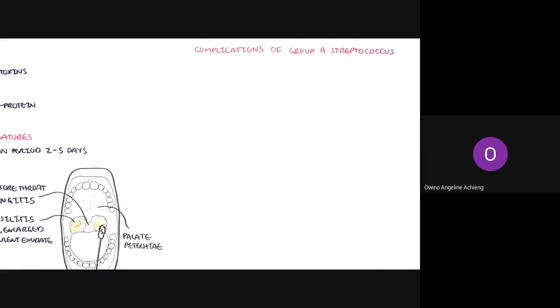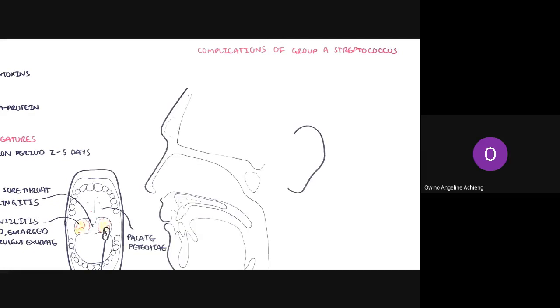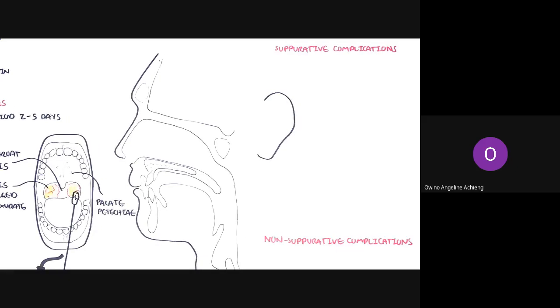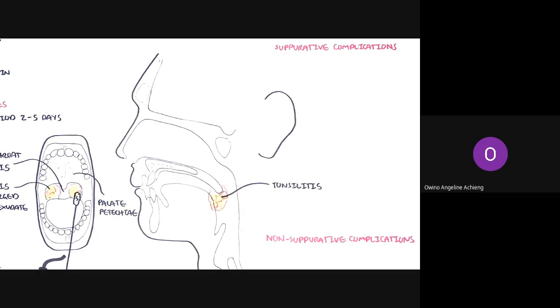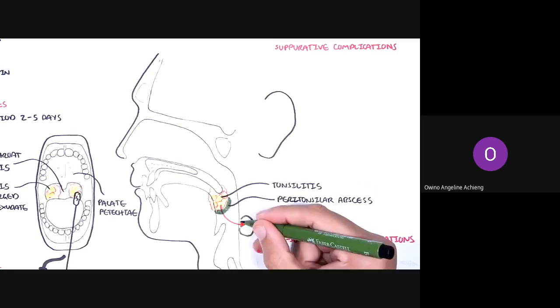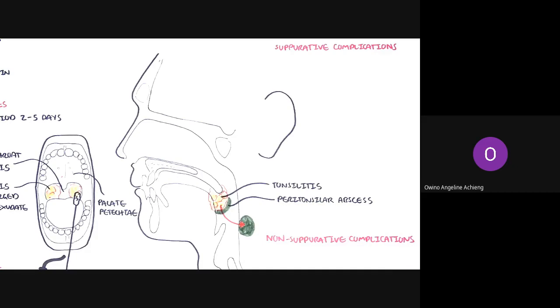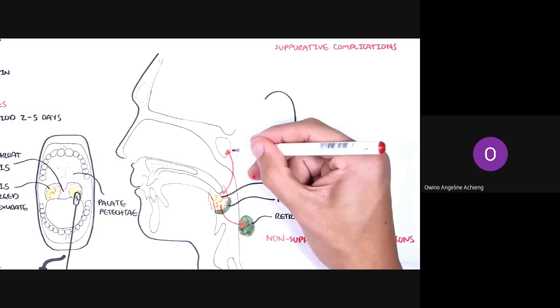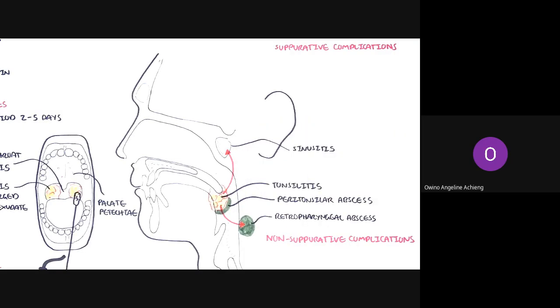Other complications of group A Streptococcus specifically can be divided into suppurative complications and non-suppurative complications. Suppurative complications include peritonsillar abscess, parapharyngeal space abscess, or retropharyngeal abscess, sinusitis, where the infection extends to the sinuses, as well as acute otitis media.